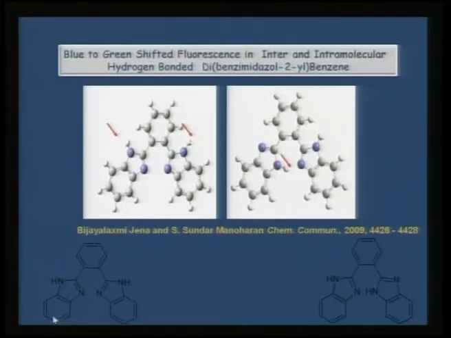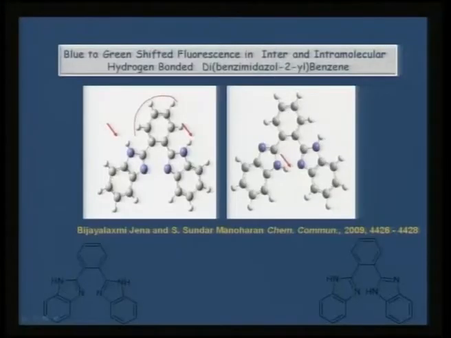Now, as a passing thought, I would like to give another small idea about what really happens if hydrogen bonds exist in this sort of molecules. Take the case of the same phenyl linker, but in this case not benzthiazole, we are actually having imidazole moieties. So, this is the imidazole moiety.